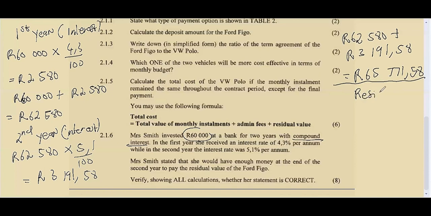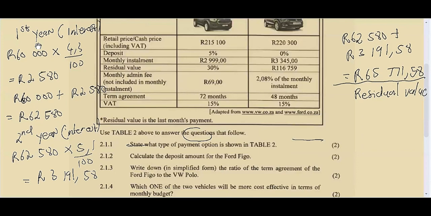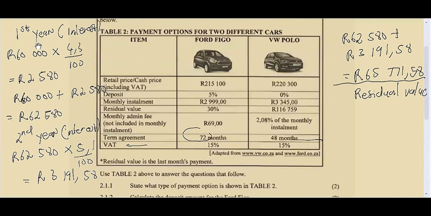So let's say residual value. And then let's go back to the table where we'll see that information. Now, looking at the information for the Ford Figo, we can see that we are not really given the residual value in terms of the amount like they did on the VW Polo, but instead we are given it as a percentage, 30%. So it has to be 30% of the retail price or the cash price.